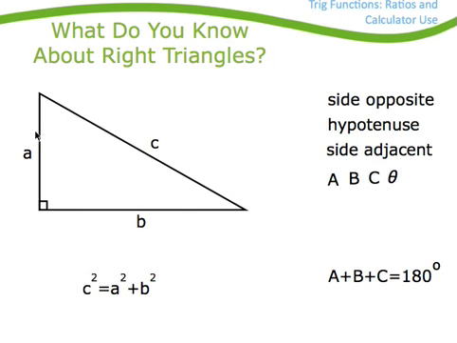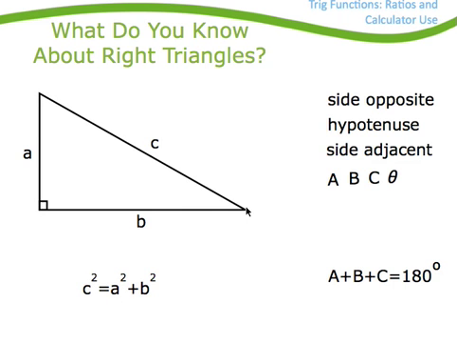Okay, so if I have this triangle and I've labeled it like this, C squared is equal to A squared plus B squared. That's a relationship that's nice to know about right triangles. It doesn't apply if they're not a right triangle. There's other two, we can modify this a little bit, but if I don't have a right triangle, I can't use this one specifically.